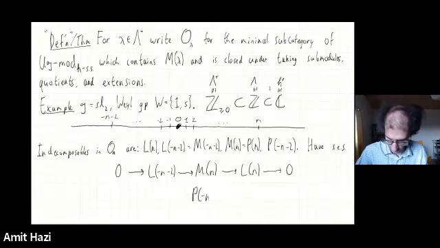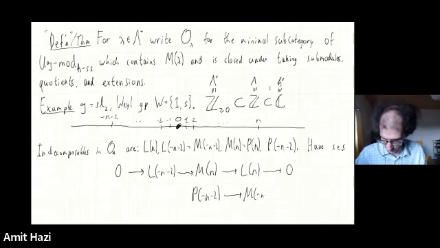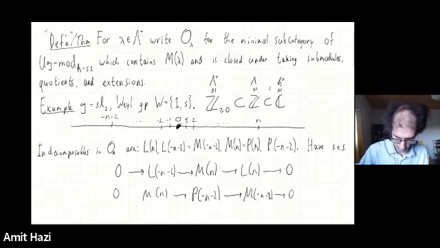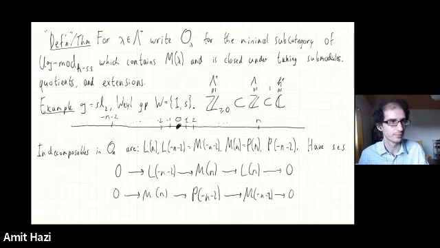So let's just write that first. And that projects to M of minus n minus 2. And it has a submodule isomorphic to M of n. Cool.